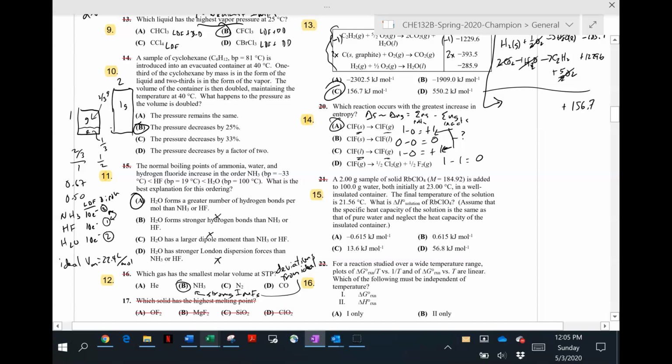What's delta H of the solution? What happened here was our delta T is 21.56 minus 23.00 degrees C. And temperature went down almost 1.5 degrees. Looks like negative 1.44. Let's check that out.